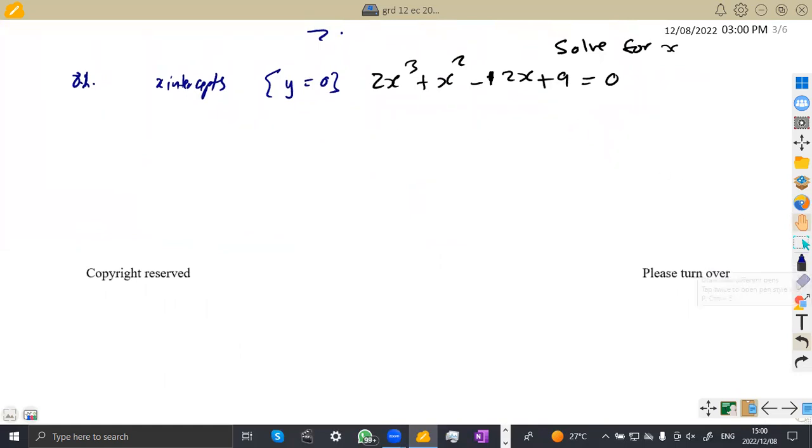By applying the synthetic division, the first thing is to find the value of x that we are going to substitute in this expression so that we obtain a 0. For the values of x that you're going to use, you focus on the constant, which is 9. So you're focusing on numbers such as plus or minus 1, plus or minus 3, plus or minus 9. These are the factors of 9. So you try the numbers, which one is going to give you a 0?